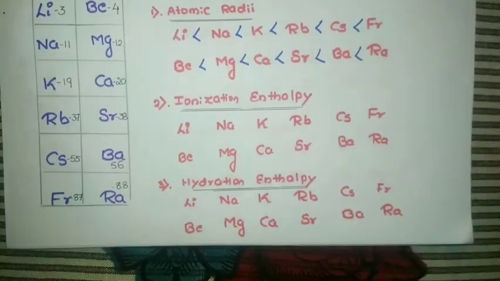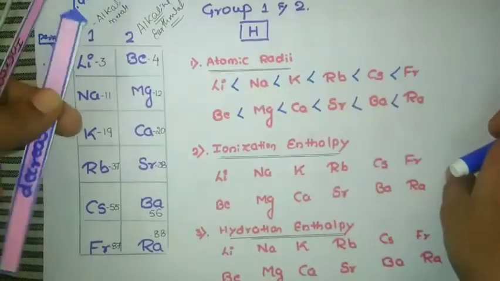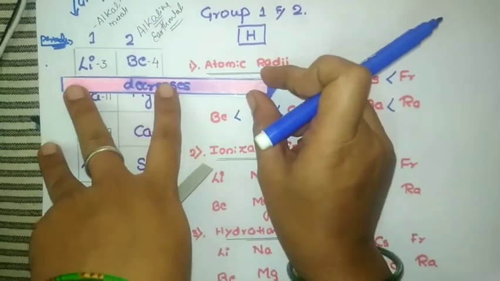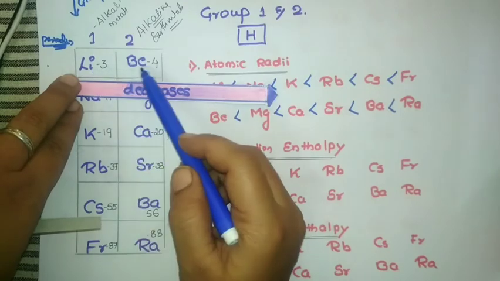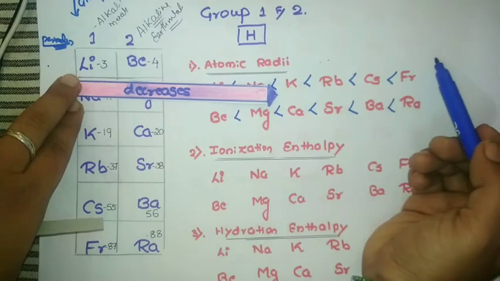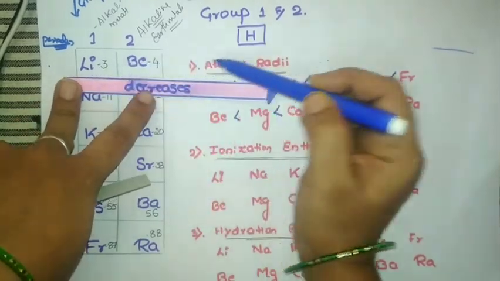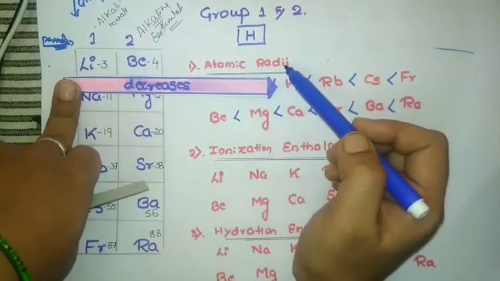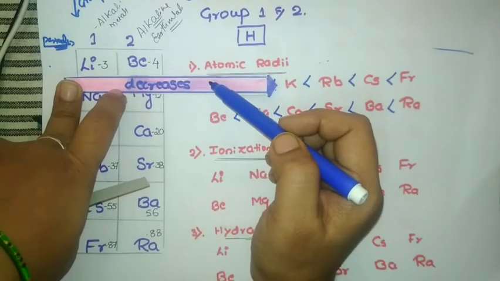Next, let us move to the ionization enthalpy. One more property I need to mention here. As I told you, down the group the size increases, but if we go along a period, from lithium, beryllium, and then in the p block boron, carbon, which I will discuss in upcoming videos, the atomic radii decreases.